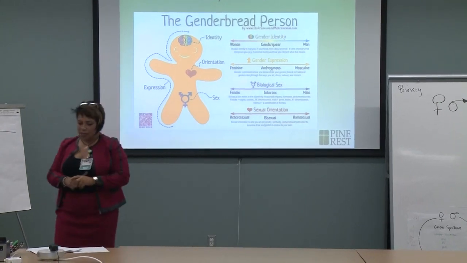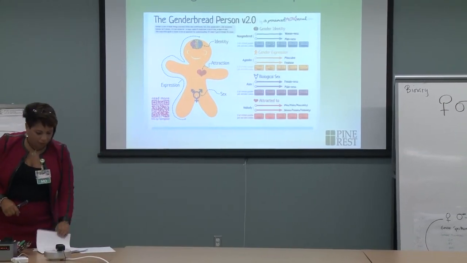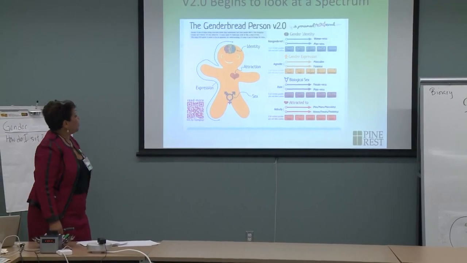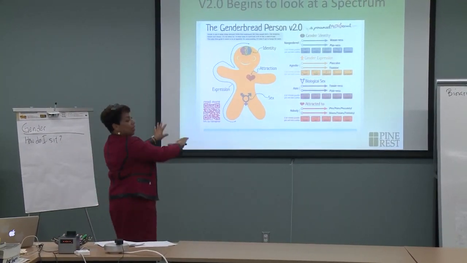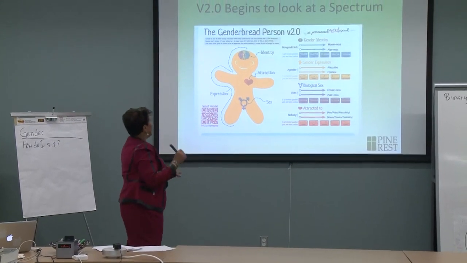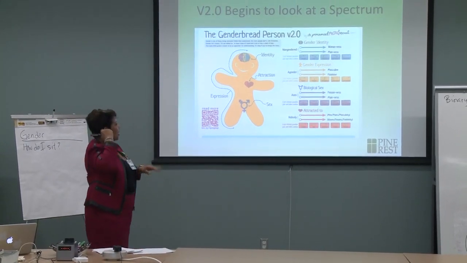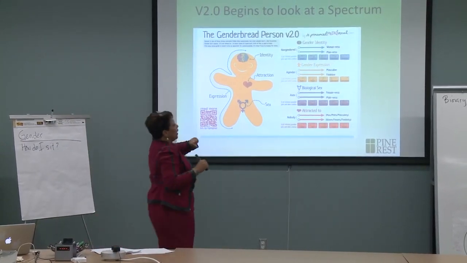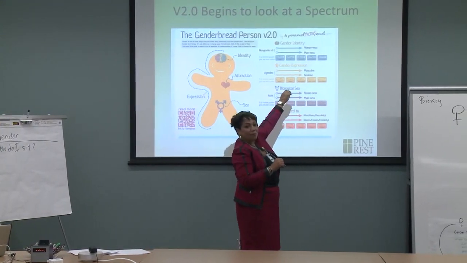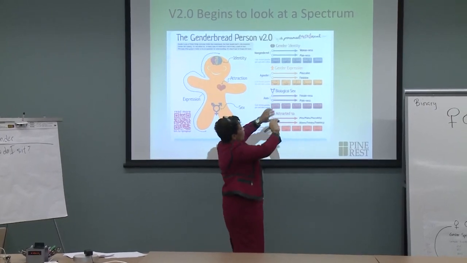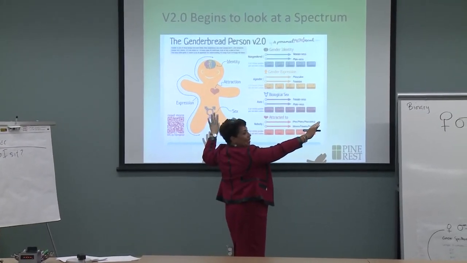So next slide. As the creator of this decided, okay, well, that was okay, but it's actually more than that, right? And I'm sure he's got way more than 50 hours of research in on this. Version 2.0 starts to look at a spectrum, okay? So now you're starting to see womanness and manness on the same side of the spectrum, as opposed to at opposite ends.